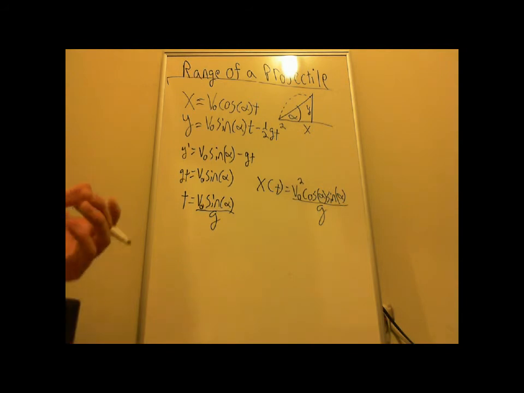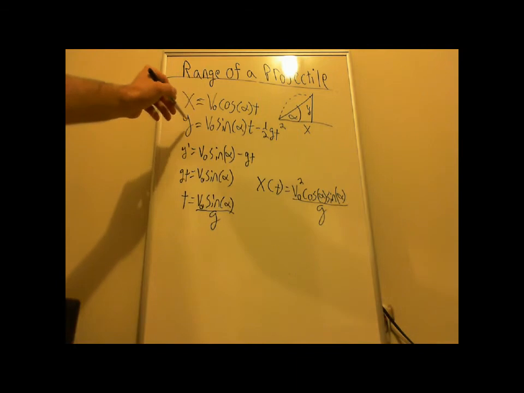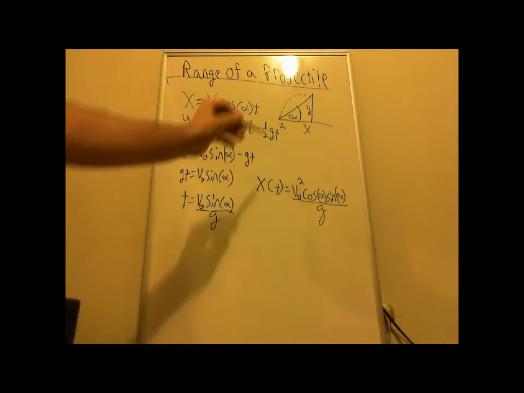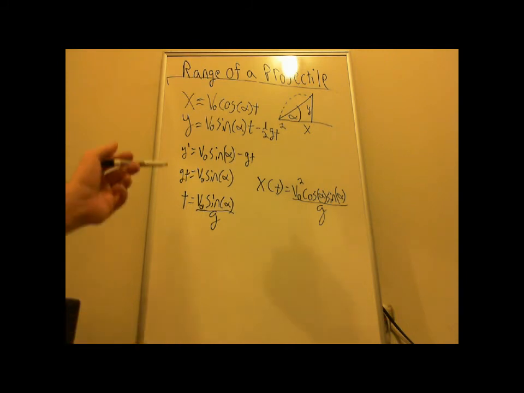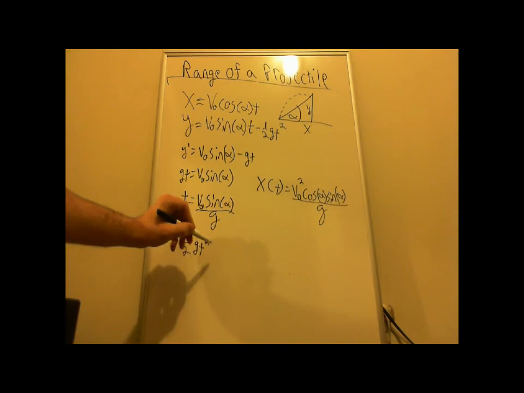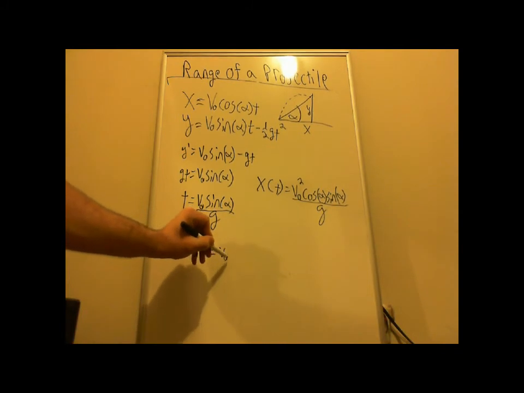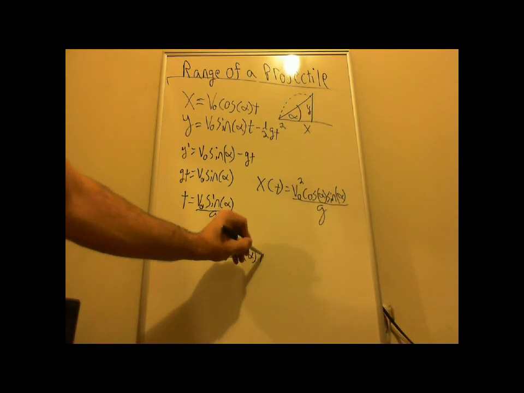If you want to find the horizontal distance traveled after the projectile has re-landed, that's pretty simple too. You just set this value equal to 0 for y, because it will go up and then it will come back down, and this can be given by, let's see, we set it equal to 0, so 1/2 gt squared is equal to v naught sine of alpha times time.